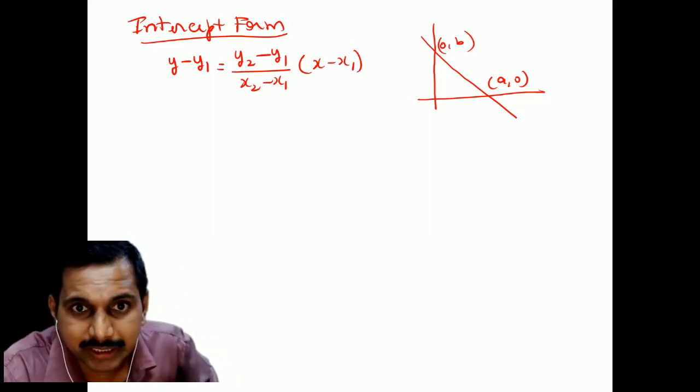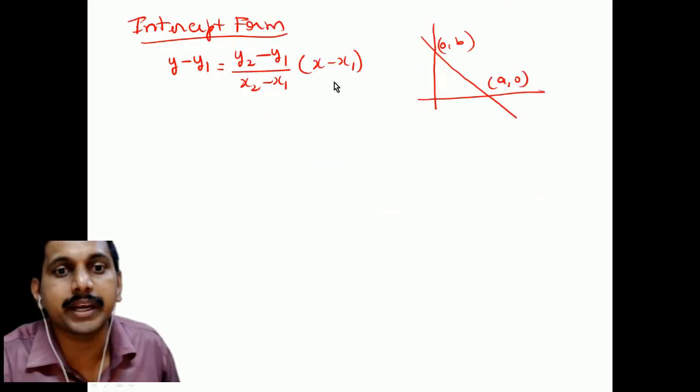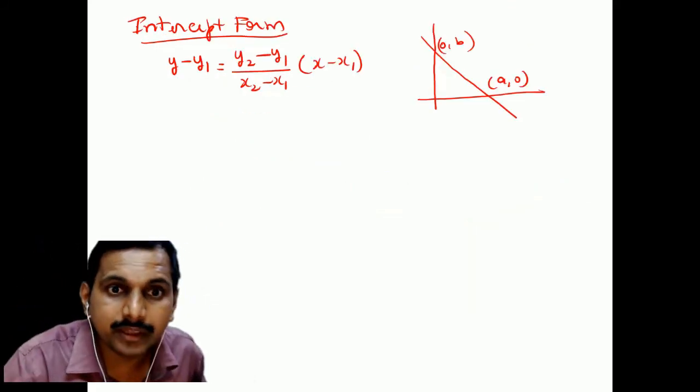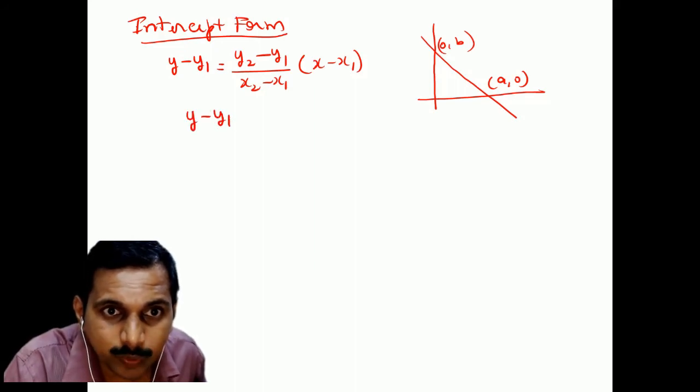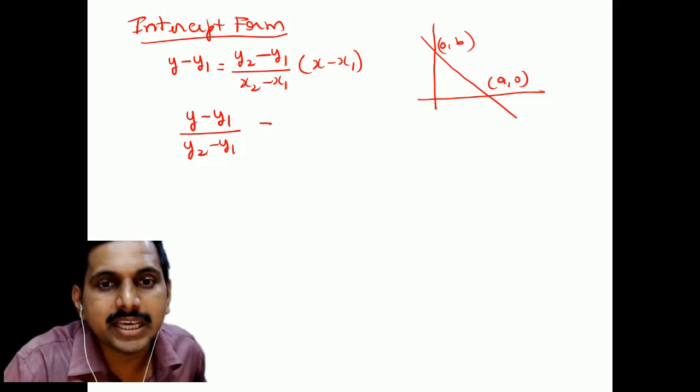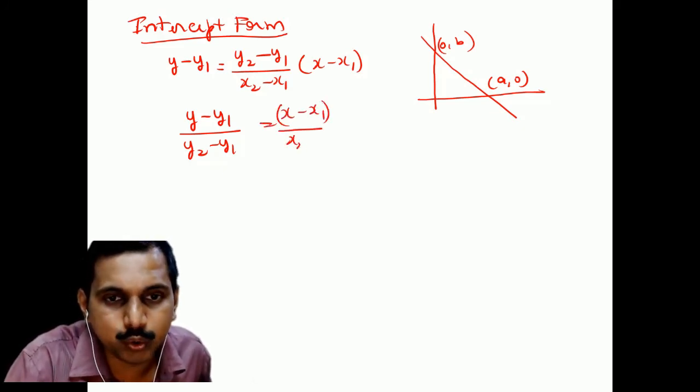This is how we write it, is it not? You have seen how we wrote this. Same thing I am writing here. Now in this case I can rearrange this as y minus y1 divided by y2 minus y1 is equal to x minus x1 divided by x2 minus x1.